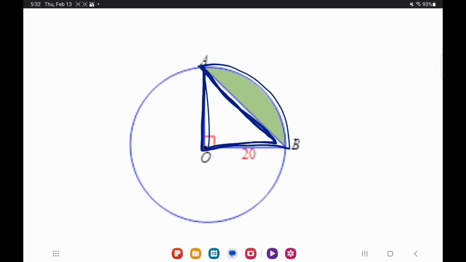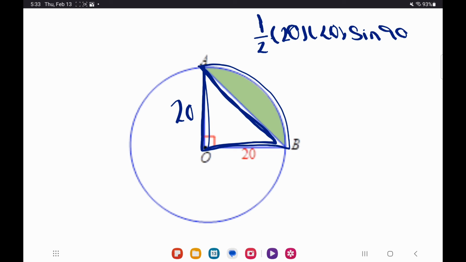I'm going to use the one with sine. So half times AB, which is 20 and 20, because both of the radiuses are 20, times sine 90.